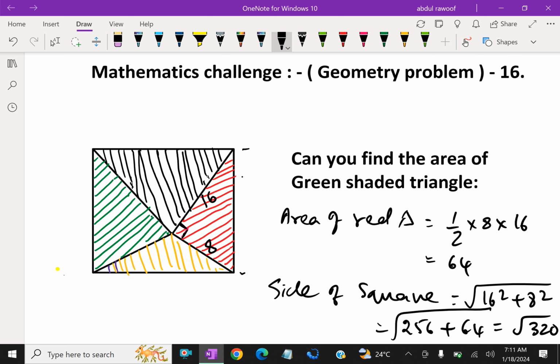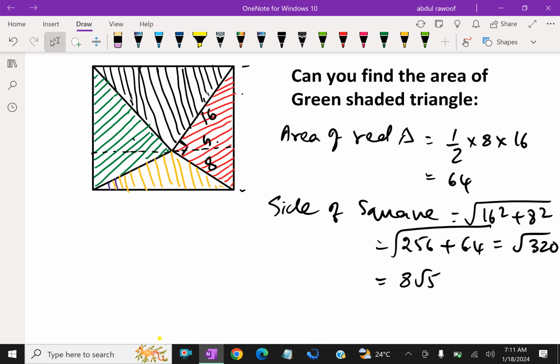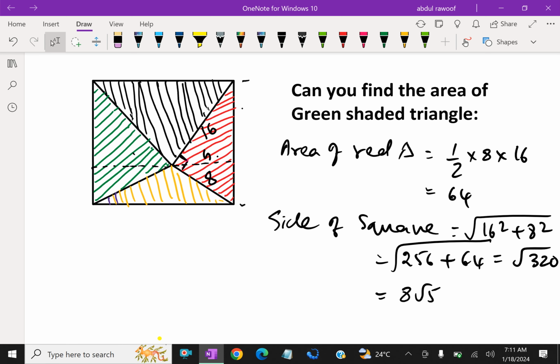Look at here. The area of the red triangle and the green triangle is in the ratio of their heights. Look at this one, put it as h. The height or altitude of the green triangle is 8 root 5 minus h.